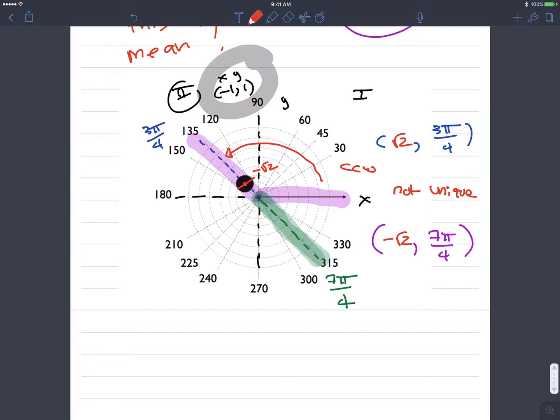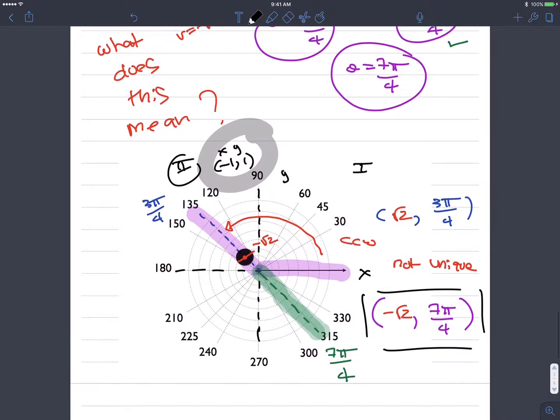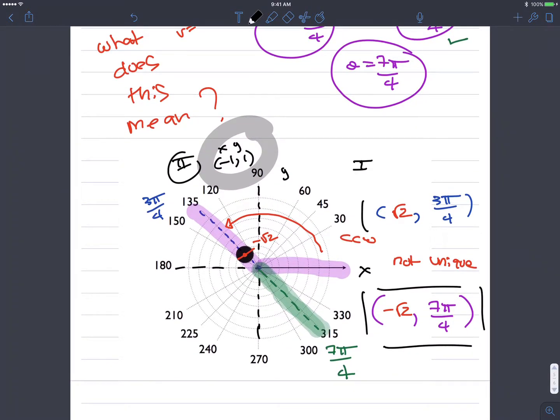So that's why I can also describe this, using the information we found algebraically, as negative square root of 2, 7 pi over 4. So there are actually two ways here using r and theta to describe that point. And this is every gory detail. So how do I really know I'm on the right track?